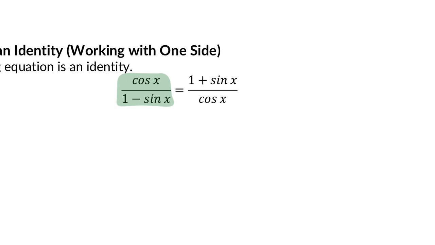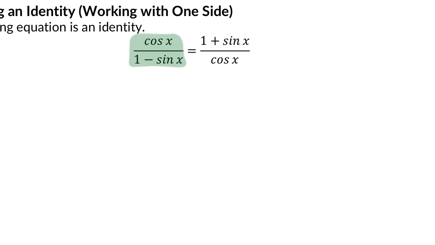Now, because that left side has a binomial in the denominator, we cannot split this. So instead, we need to use some other ideas, maybe from the front page of this section, that give us something to do. Our last bullet point on the front page said that if you see 1 minus sine or 1 minus cosine or 1 plus, any of those things, we can multiply by its conjugate because it will be the difference of two squares and end up using a Pythagorean identity.